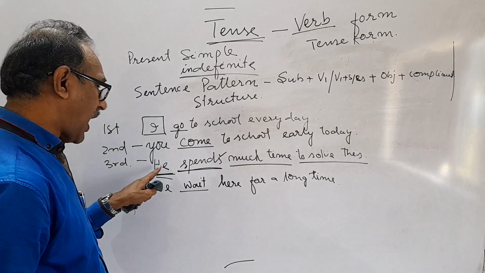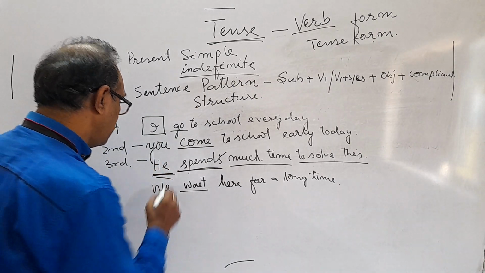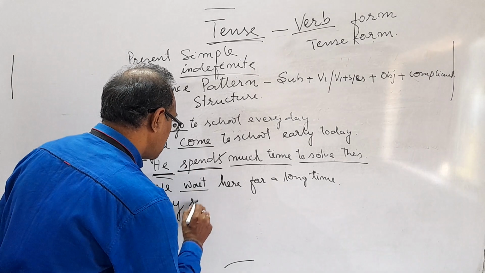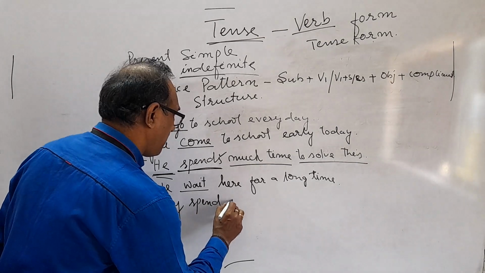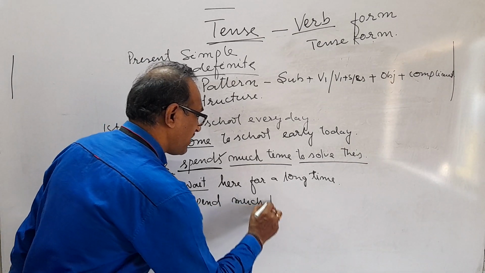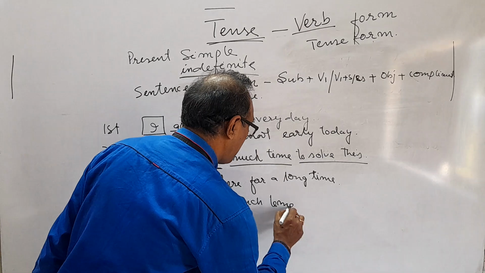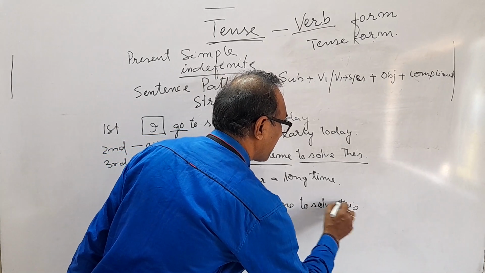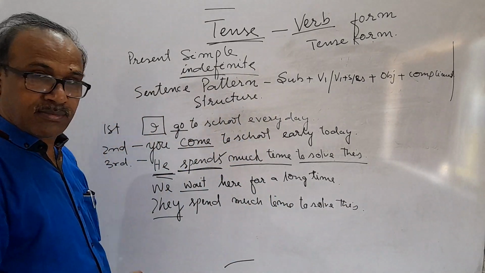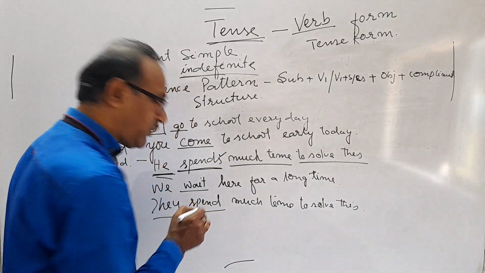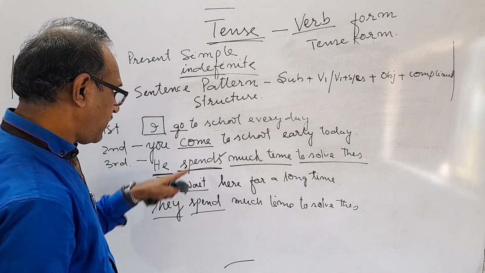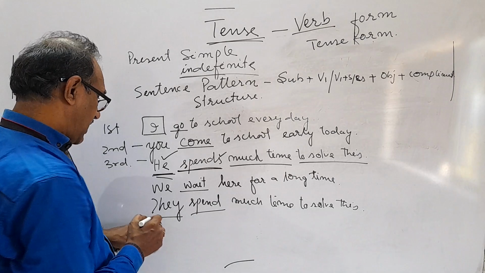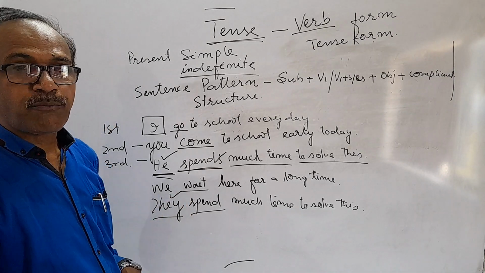But in case of third person, when we make it from he to they, it becomes they spend much time to solve this. So in case of they, here it becomes only spend instead of spends. He is the singular third person and they is the plural.